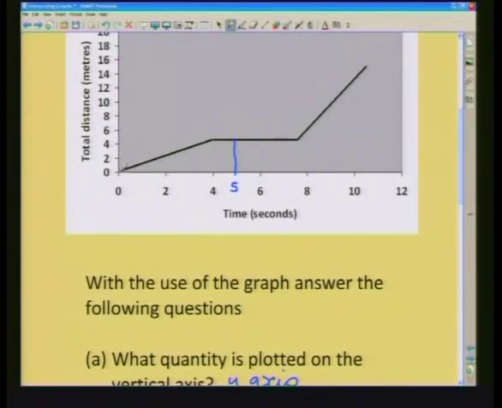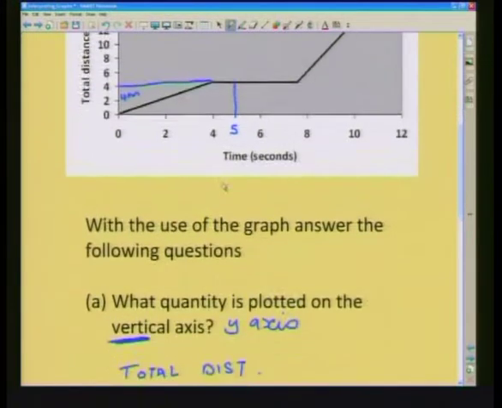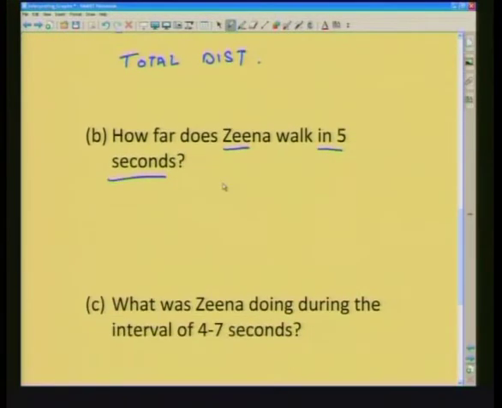We saw, well, from 0 to about the 4th second, she walked a distance of 4 meters. So she walked 4 meters there. And in the 5th second, she actually isn't going anywhere, because here we just have time passing but no distance. So by the 5th second, she still only walked 4 meters, because at this point it's flat. It means she's resting. So therefore in the 5th second, she has only walked 4 meters.